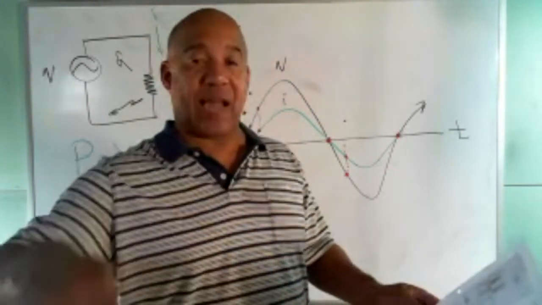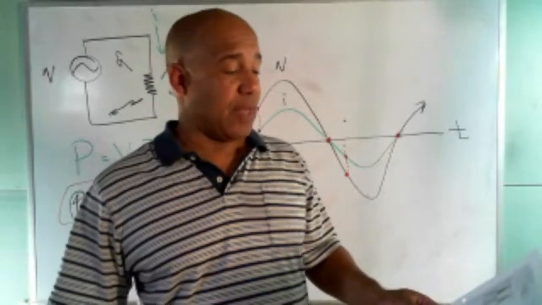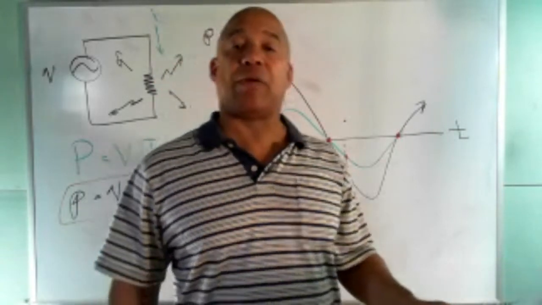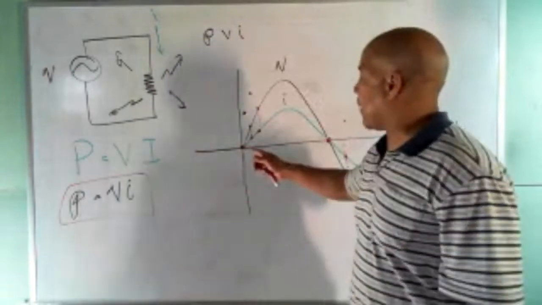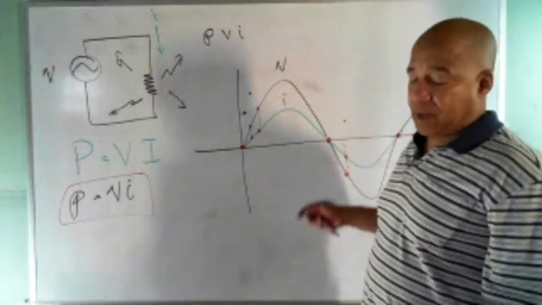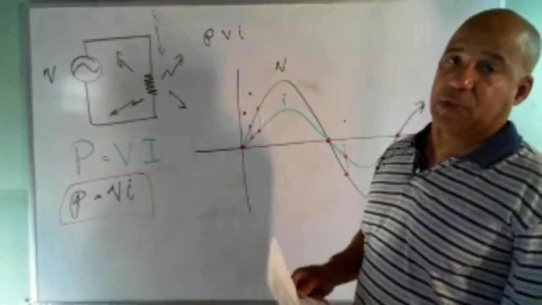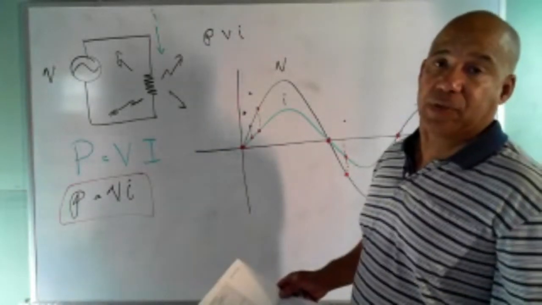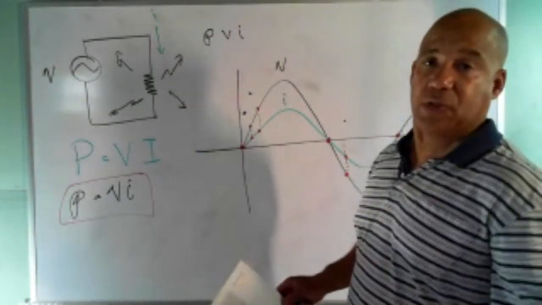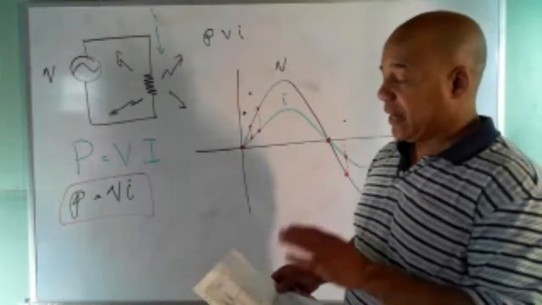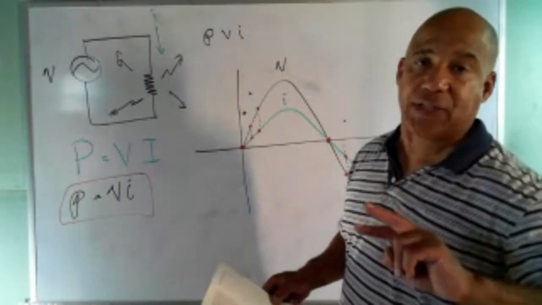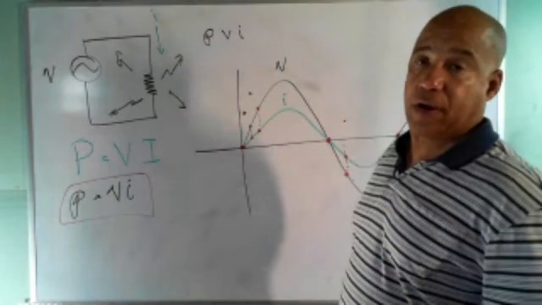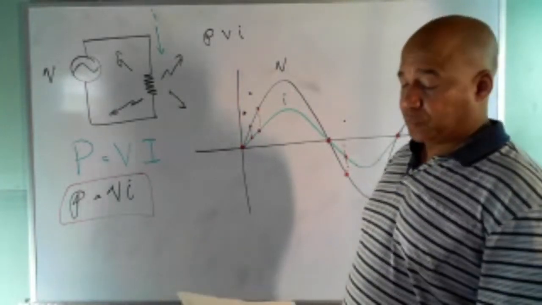So there's actually two sine waves of power there. And you'll always have that the frequency of the power is always twice the frequency of the voltage and the current. So there's nothing to calculate there. I'm just pointing out a fact. The power has a frequency, the voltage has a frequency, and the current has a frequency. And the frequency of the power is always twice the frequency of the voltage or the current. You can just kind of see that from the picture.